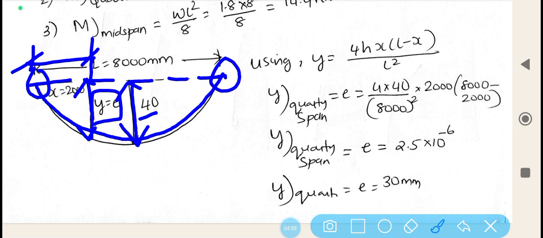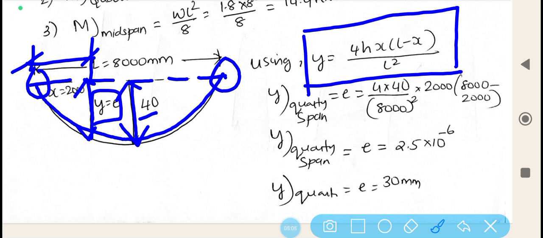So how do we calculate? In order to compute this eccentricity distance, we make use of the equation of parabola, which you have studied long back right from your schooling. We shall make use of this expression, where h is the required central eccentricity, that is the maximum eccentricity, x is the value where it is required to be found out, and L is the total span.